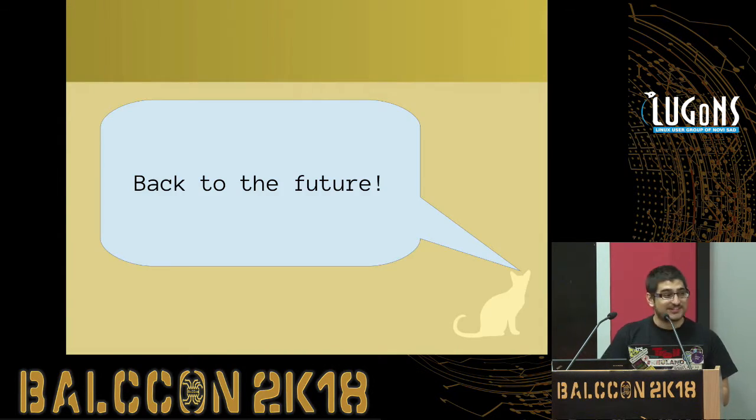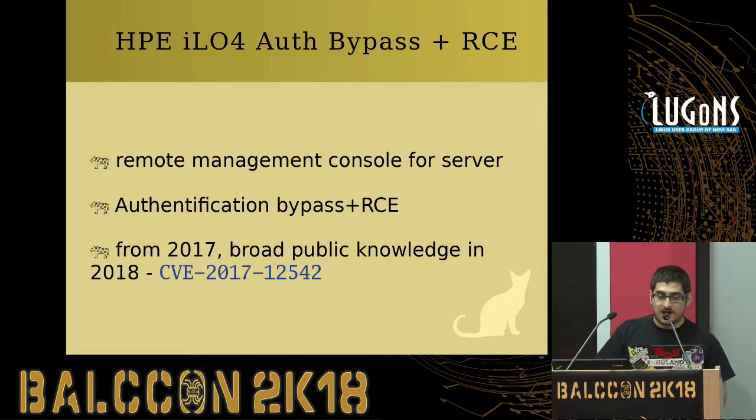And well, then, do you know what this is? Well, Back to the Future. HPE iLO4 authentication bypass plus remote code execution. HP iLO4 is a remote command interface for HP servers. It's like an extra card, and you can manage your servers remotely with that. So it's a remote management console for servers. And they found an authentication bypass, and therefore also a remote code execution with this.